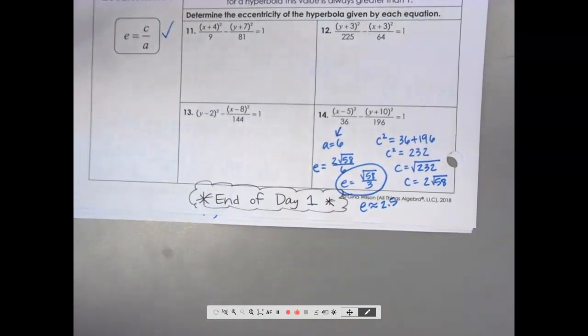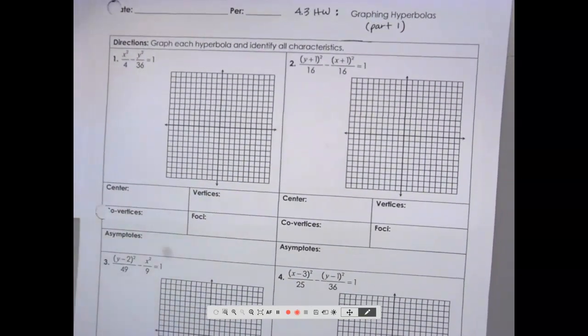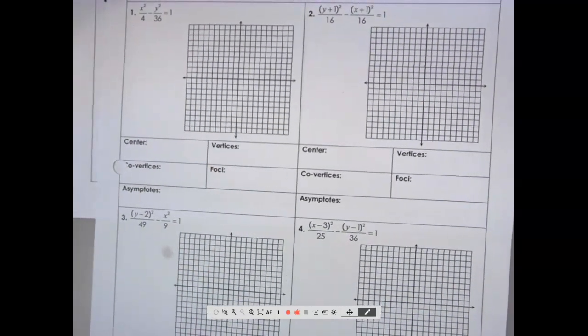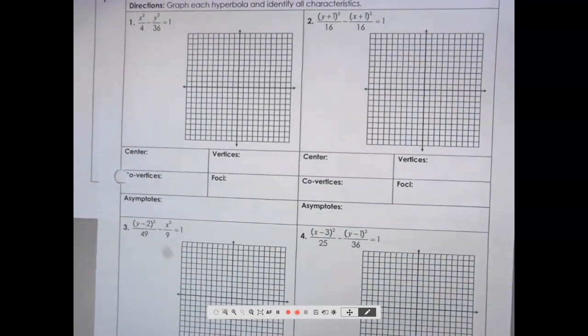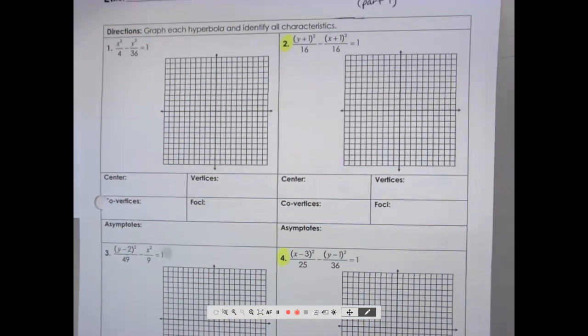Oh, homework. Let's see. I don't know that we need to do every single one of these. So how about we decide which ones we're actually going to do. I'm going to let these circulate. Okay. How about we do numbers 2 and 4 on the front.